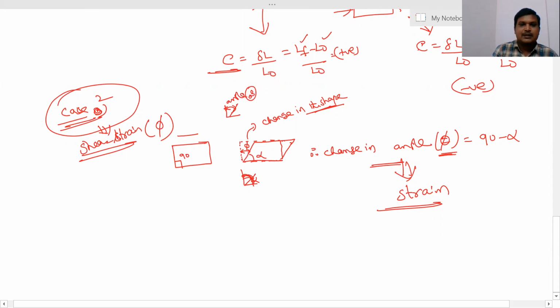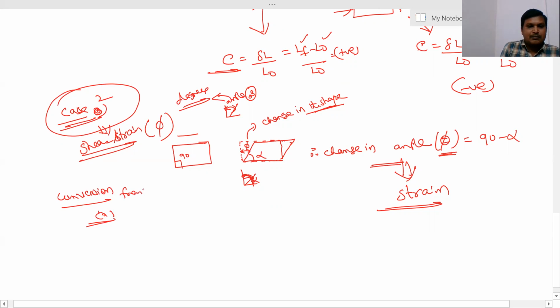But always in strength of materials, the change in shape, the shear strain, we have to measure in radians. How do we convert from degree to radian?